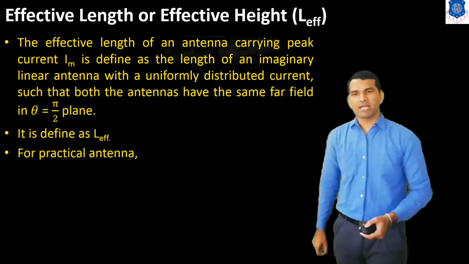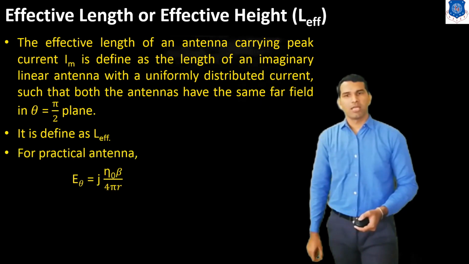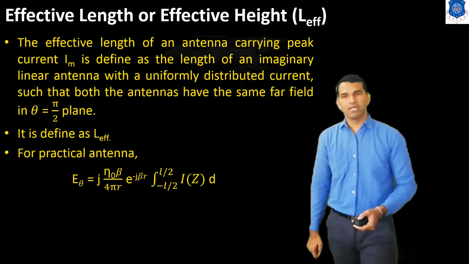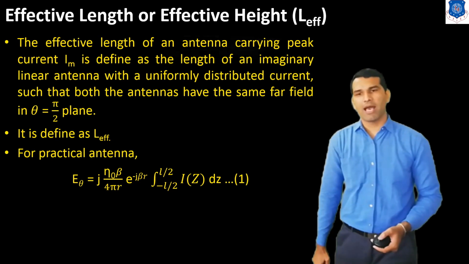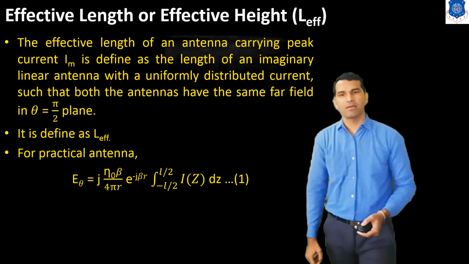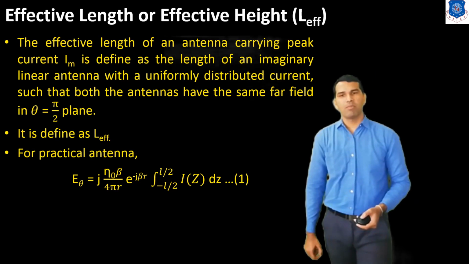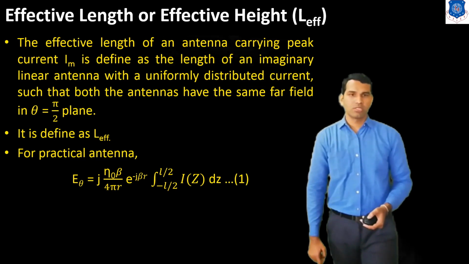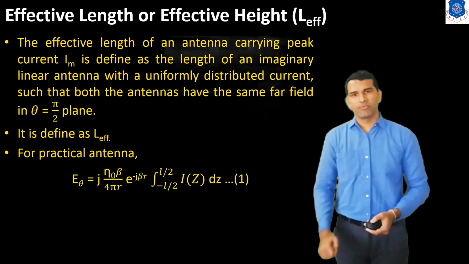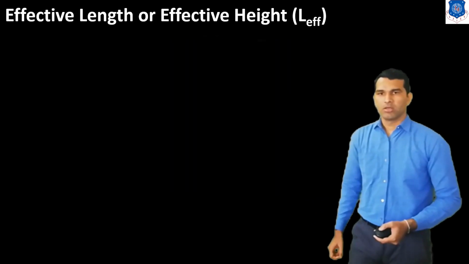For the practical antenna, we know that E theta equals j eta 0 beta upon 4 pi r, e raised to minus j beta r, times the integration from minus L by 2 to L by 2 of Iz dz. This is the electric field in the theta direction.